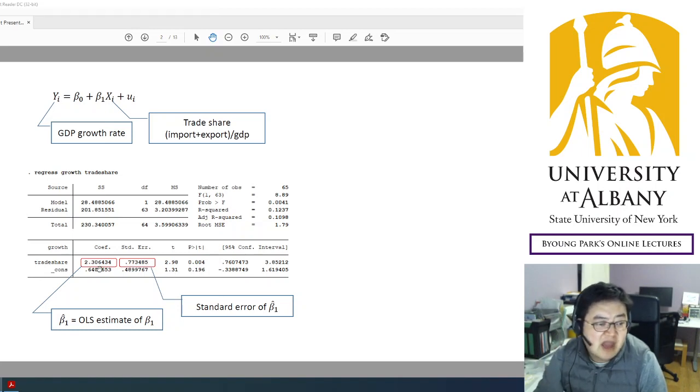Now if you compare these two, the coefficient is about 2.3, but the standard error is about 0.77. So the coefficient is about 3 times larger than the standard error. So the coefficient is safer against potential random errors.